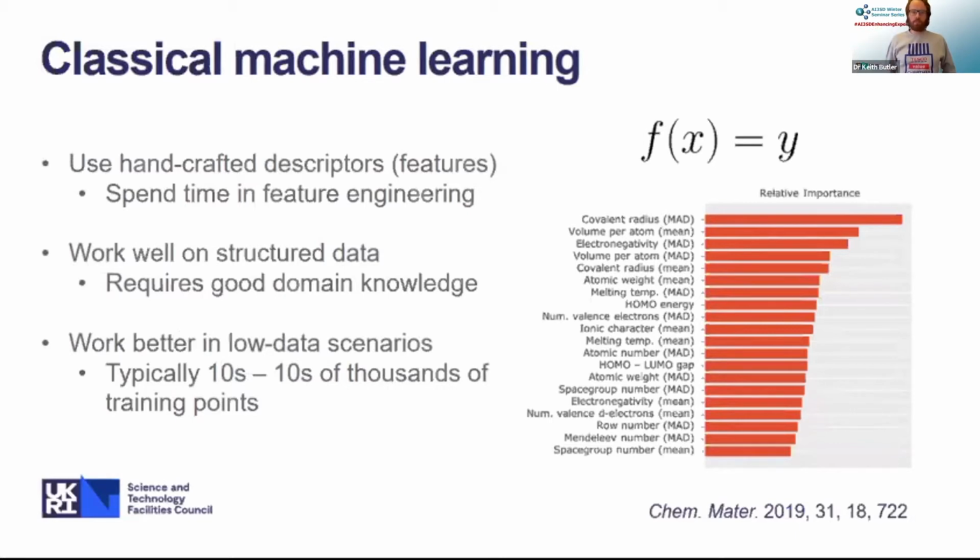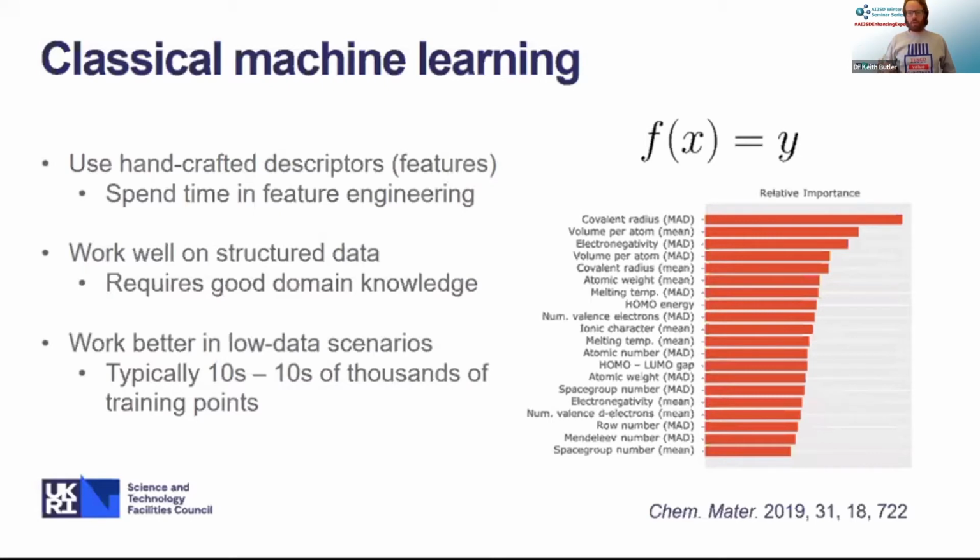In classical machine learning, you tend to have some kind of set of handcrafted descriptors or features that you feed to your model. So in this equation, f of x equals y, your x are some set of features that you've chosen to represent your data. You often spend a long time engineering those features, and it often requires a lot of good domain knowledge.